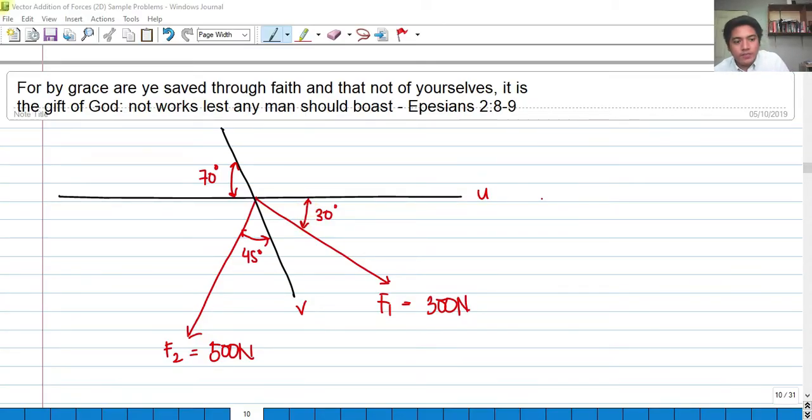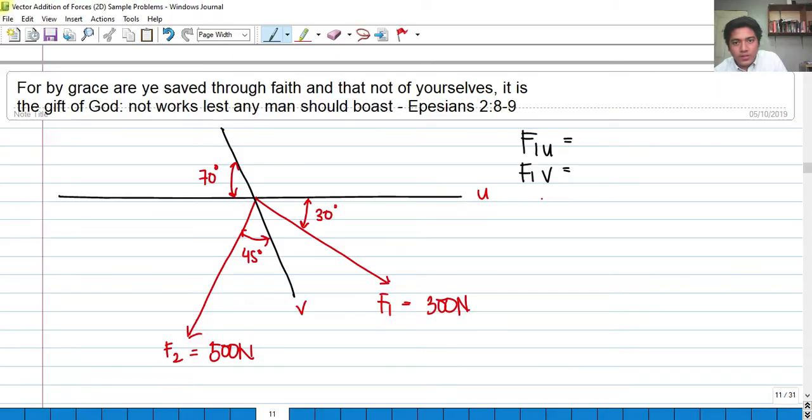So if I'm going to get F1U and F1V, there's no problem in terms of F1 because I know the angle with respect to the positive U axis.